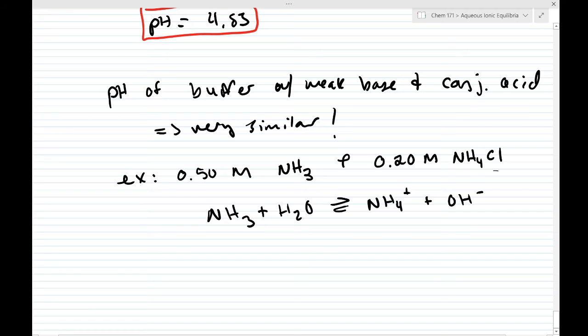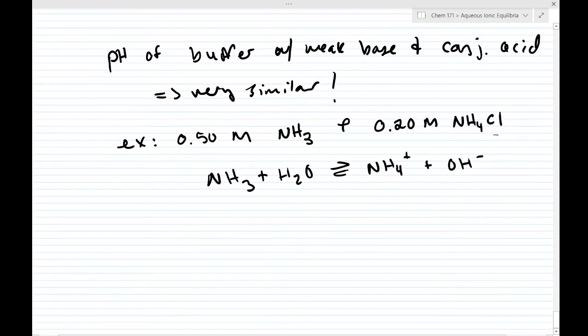It pulls one of those hydrogens off the water to form OH minus, and the pKb for this is equal to 4.75, which means that Kb is equal to 10 raised to the negative 4.75, which is 1.8 times 10 to the minus 5.